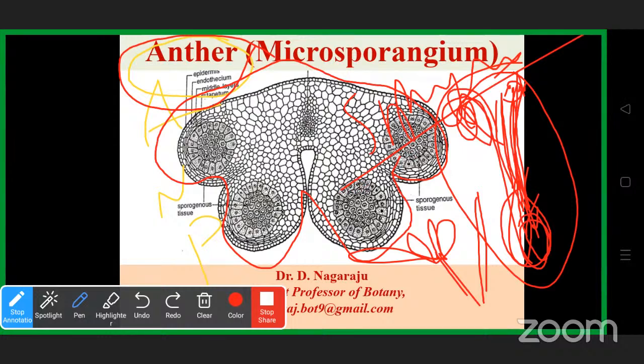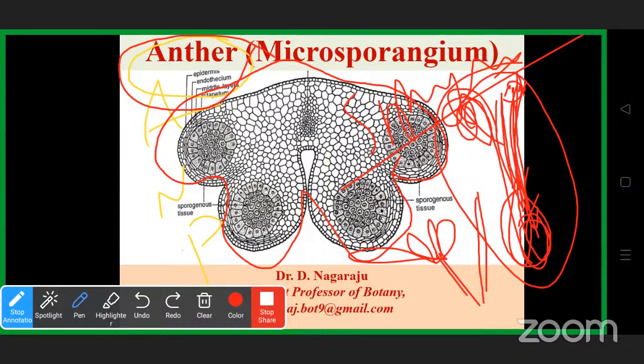Here, male gametes are moving through the tube, from the style, from the stigma to the egg cell. That is called fertilization. Okay.